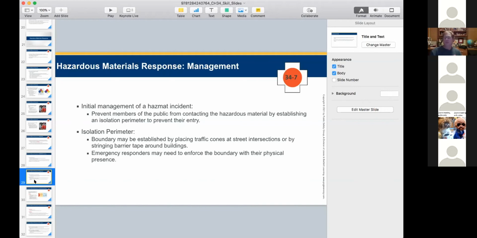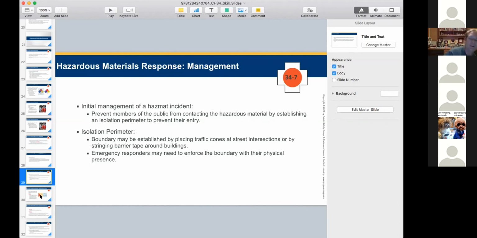Hot zone. Okay? So the epicenter of the hazardous material spill or incident is going to be the hot zone. The only people that go into the hot zone are people that are trained and people who have the correct PPE. If you don't have the training and you don't have the PPE, you don't need to be in there. Okay? So start moving back.